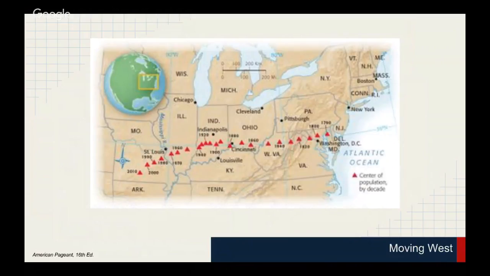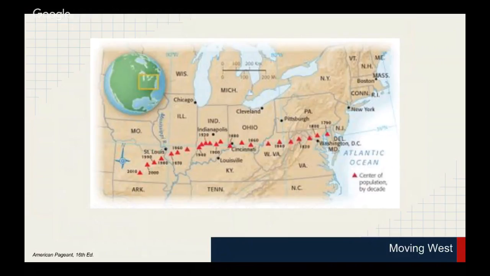And you'll see in 1790, and this map, by the way, is better displayed in your textbook, the center point of the population, not too surprisingly, was not very far from where Washington, D.C. is located. And then by 2000, it is southwest of St. Louis, Missouri, and is not very far off that point today.